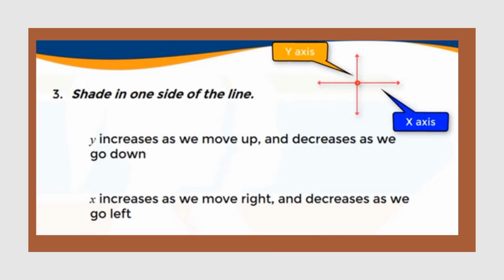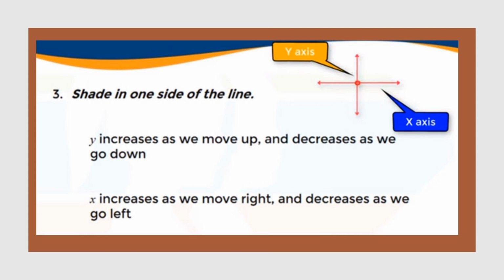Y increases as we move up, because this is the vertical line, the y-axis. The positive side of the y-axis goes upward from 0, increasing from 0, 1 to 5 going up. So y increases as we move up and decreases as we move down.